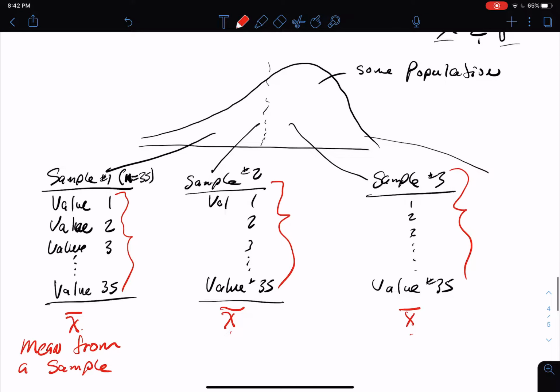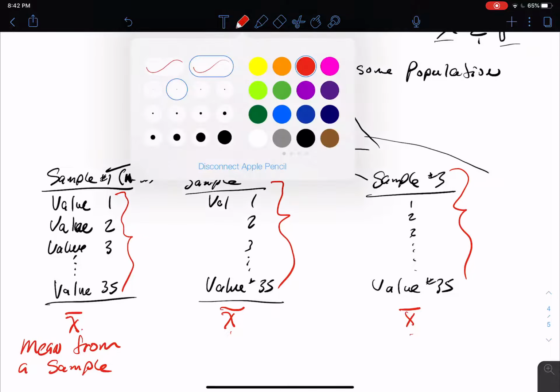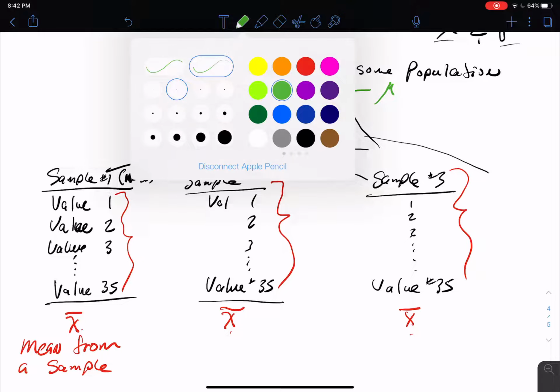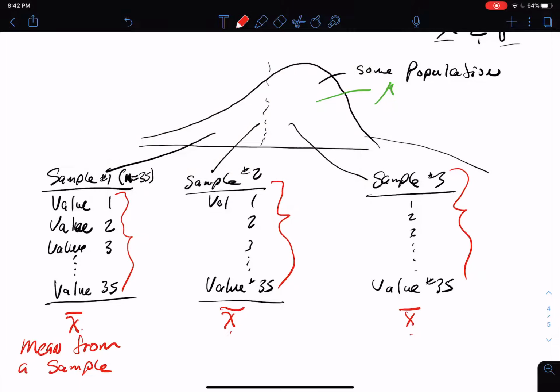So let's say back here in the population, someone said, I want to know the mean of the average height of men in the United States. Well, that's going to be really hard to do because there's such a huge number in a population like that. So the next best thing would be to do a simple random sample.